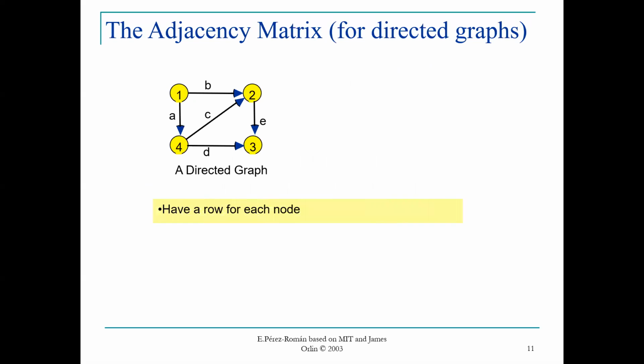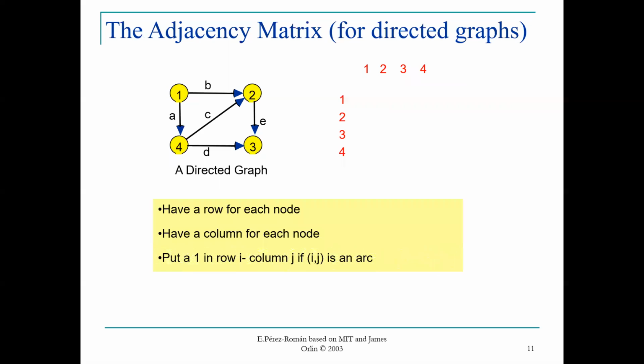In this type of representation for a network, we have a row for each node and a column for each node. And we put a 1 in row i, column j, if (i,j) is an arc.